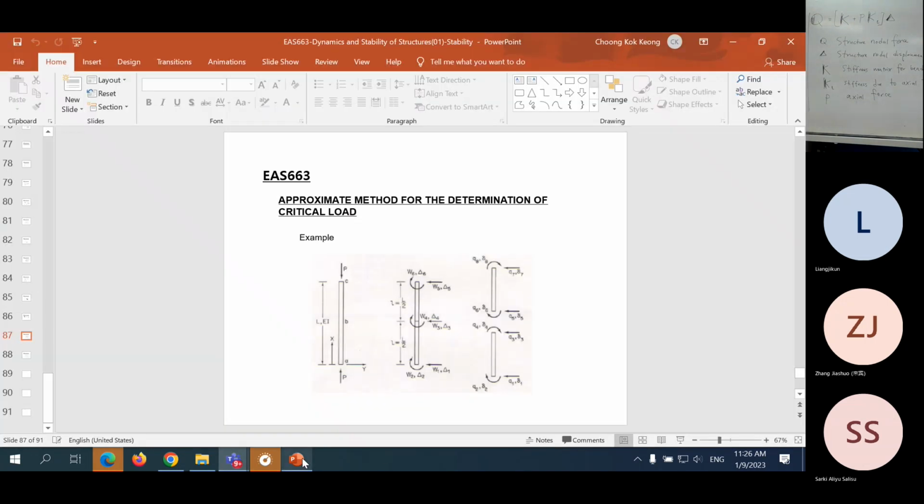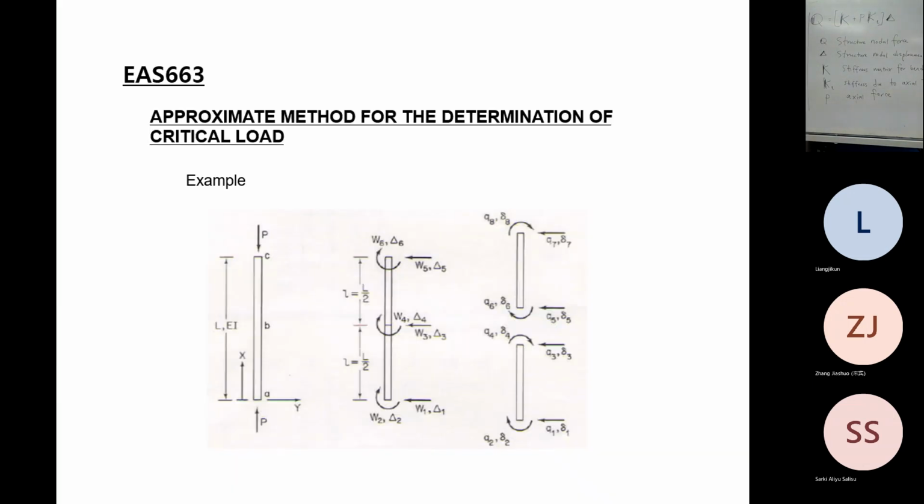Okay. So I used this example last week. As I mentioned, this is the problem that you are given to solve. This is the structure that we want to solve. If you want to use the matrix method, then you divide it into 2, if you are given instructions, and you follow the instructions.